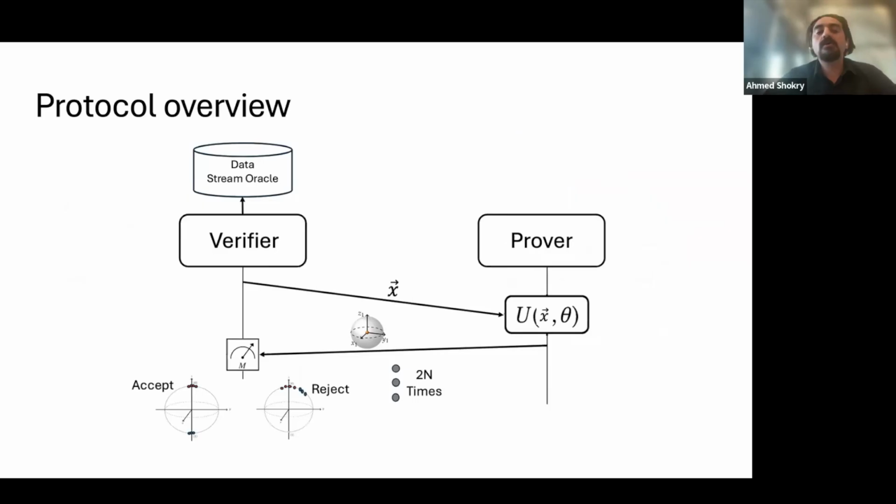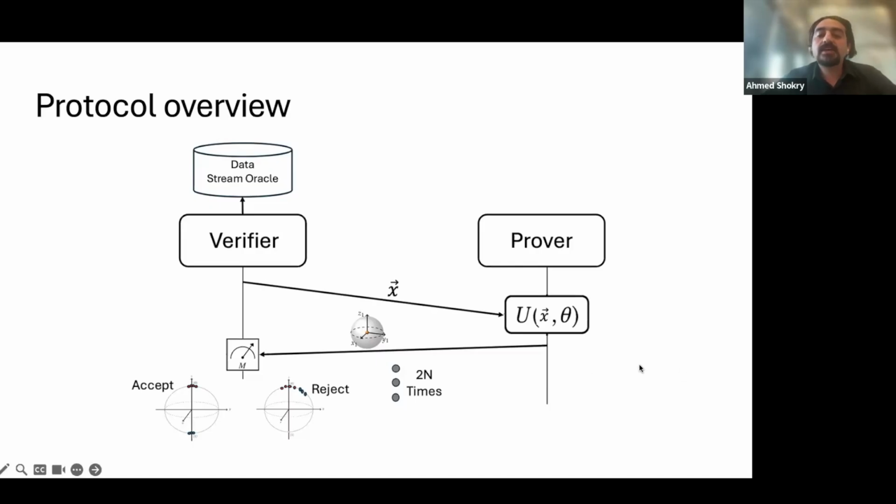Okay, so this is the basic idea behind our protocol. The verifier has access to a query that enables it to sample from the classical data. So the verifier will sample 2n samples from the classical data and send them to the prover, and the prover will apply the unitary on them and return the embedding of these 2n samples, and then the verifier will measure those embeddings, and hence the verifier would be able to estimate the angle between the two groups.